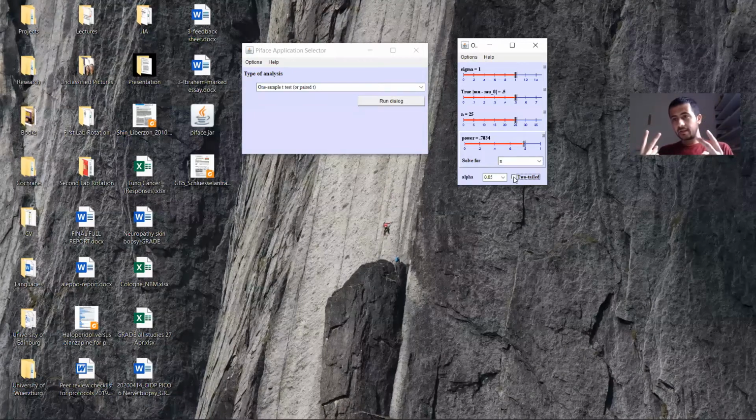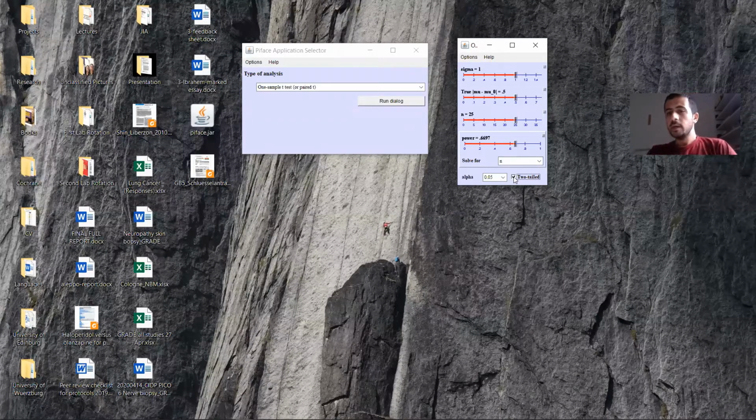Because a two-tail test will make the p-value higher. So if I make it a two-tail test, I'm making my test harder. I need more sample size. But if I make it a one-tail test, I'll need a fewer sample and I will get a higher power.